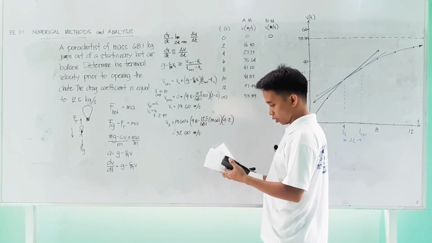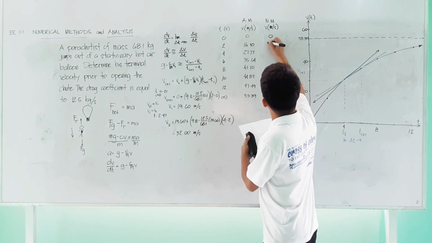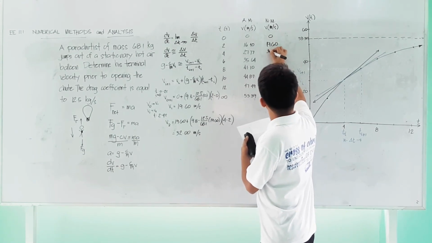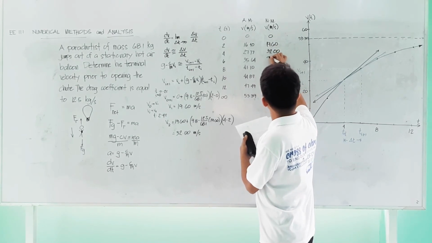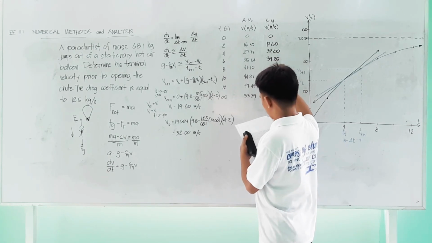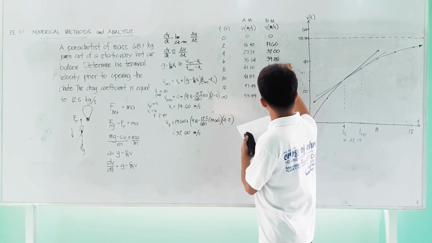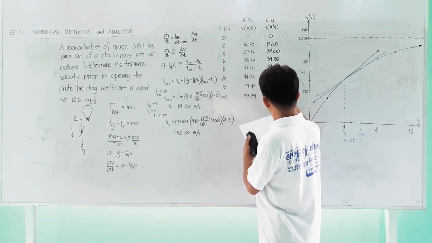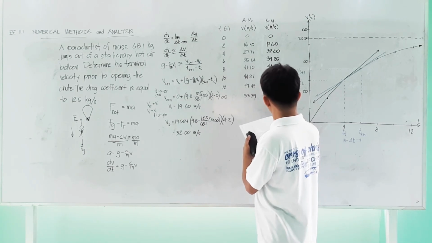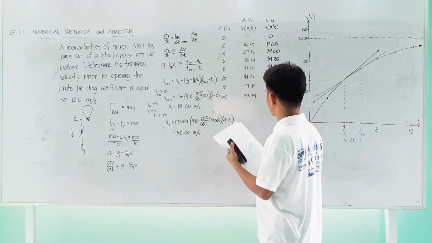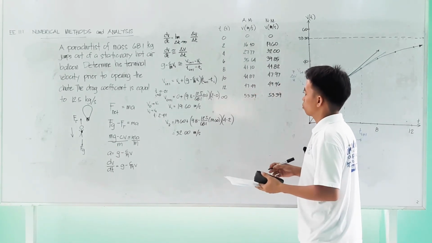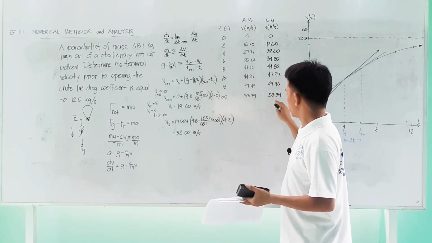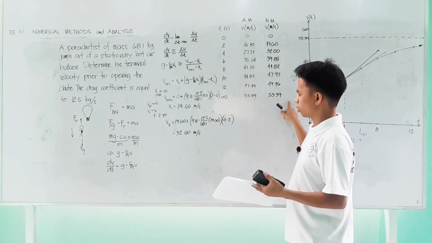Now, the table of values for that would be as you continue this computation, eventually you will also end up with this value, 53.39.